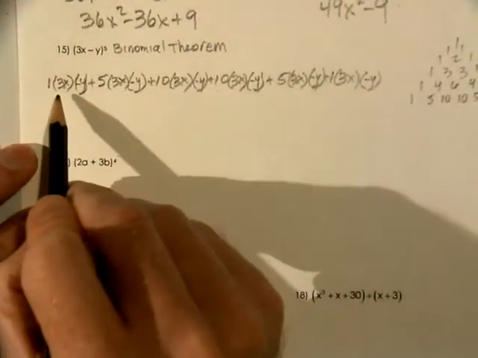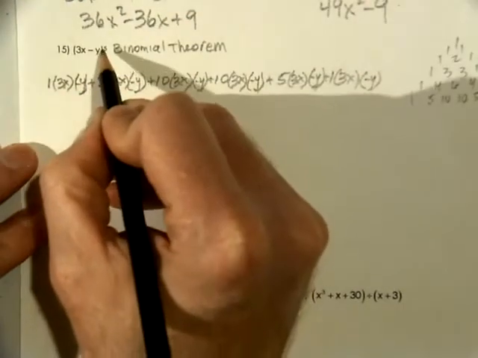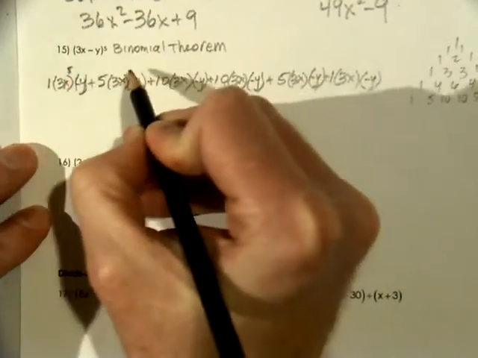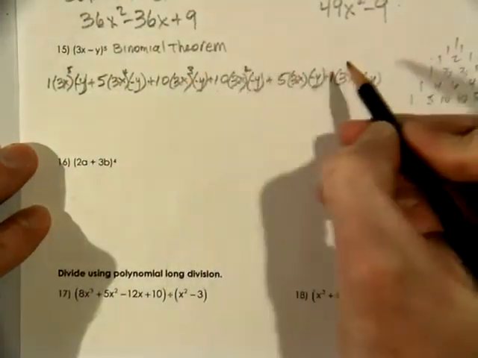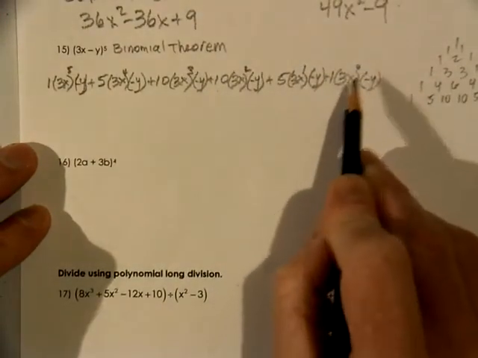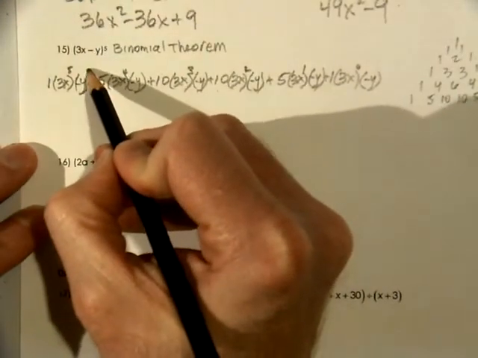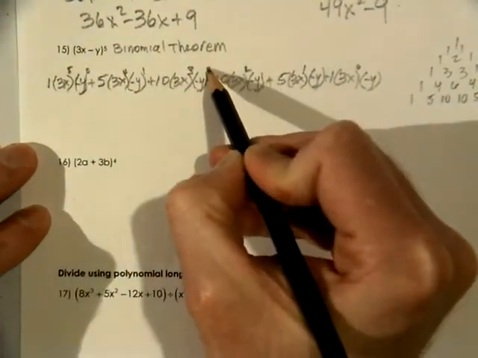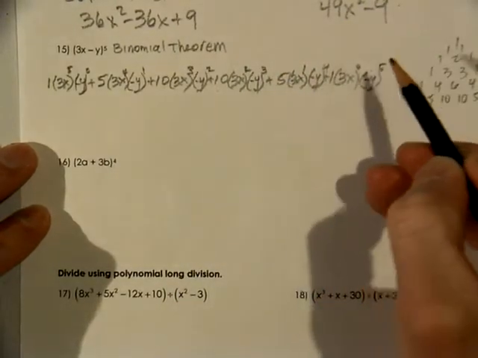So then with the A term, because it's the fifth power, we put a 5, a 4, a 3, a 2, and a 1, and you have to the 0 power. For the B term, you have 0 of them. 1, 2 as an exponent, 3, 4, and 5.